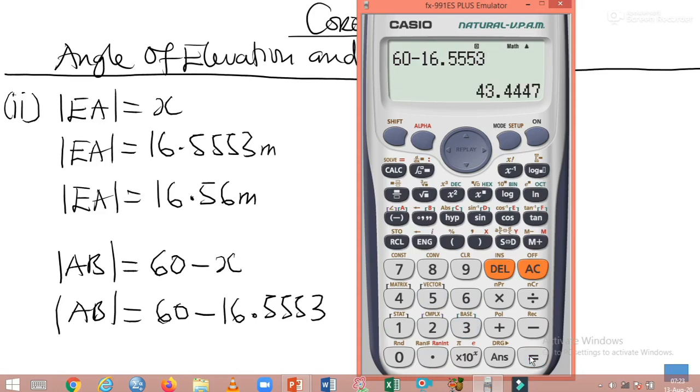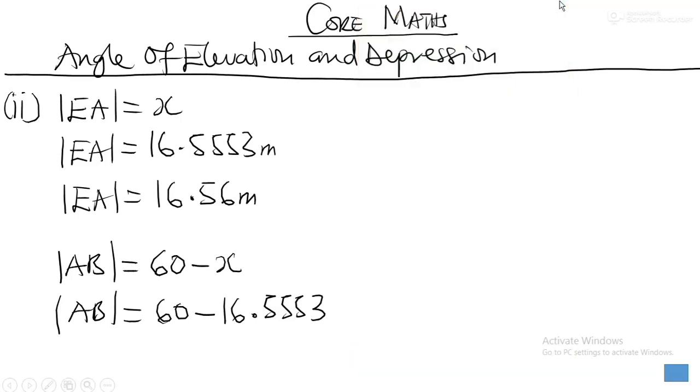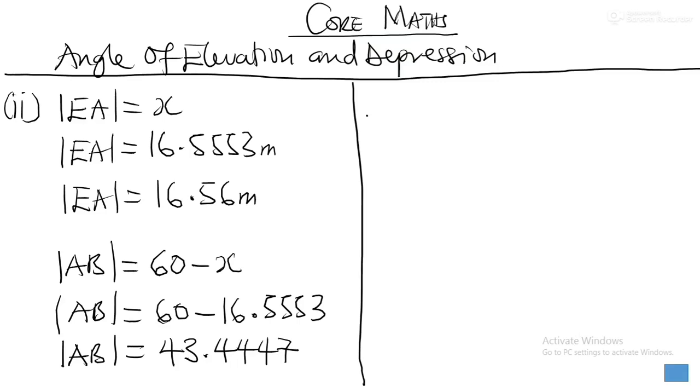We are getting 43.4447. So to 2 decimal places, our AB will be equal to 43.44.